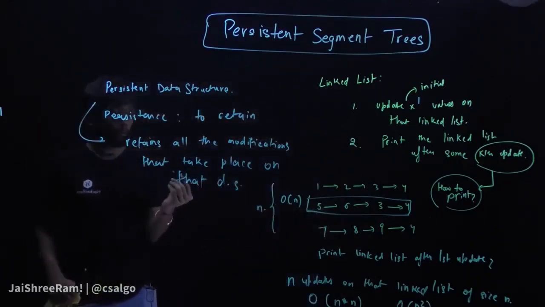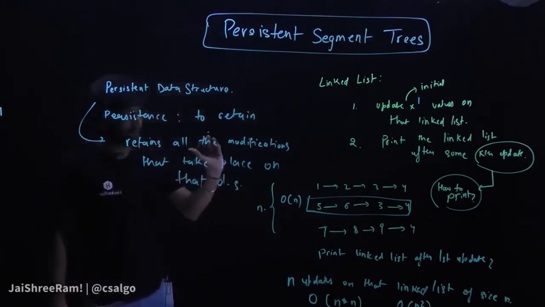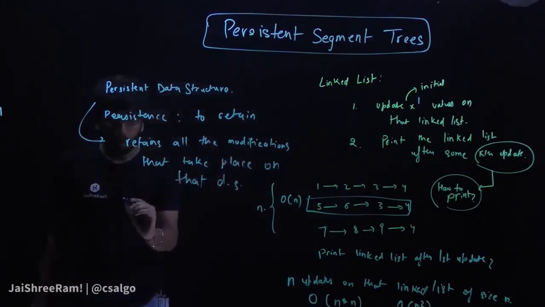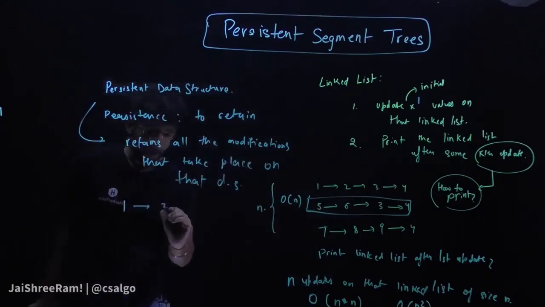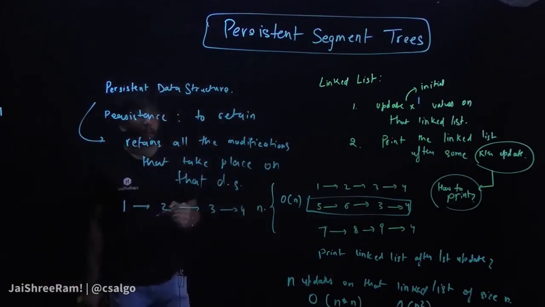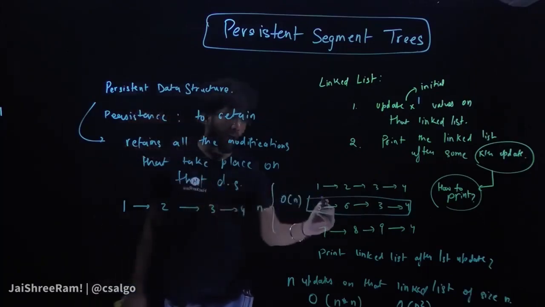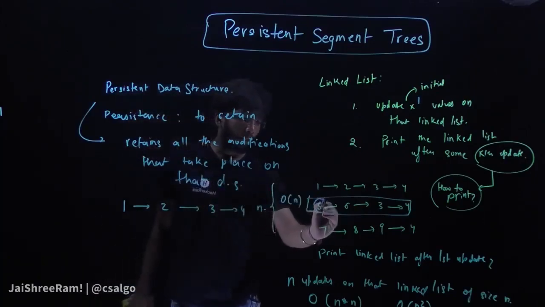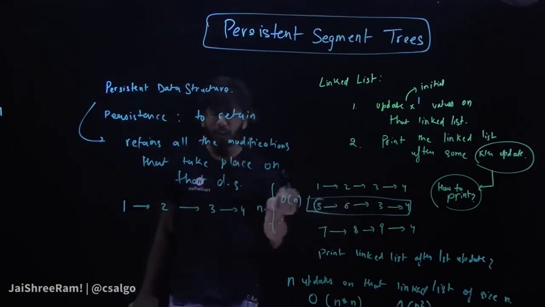Yeah, so how to approach this? So the first step would be, let's assume we have 1, 2, 3 and 4. Now an update comes that says we need to update the first two values, 1 and 2, to 5 and 6 respectively.